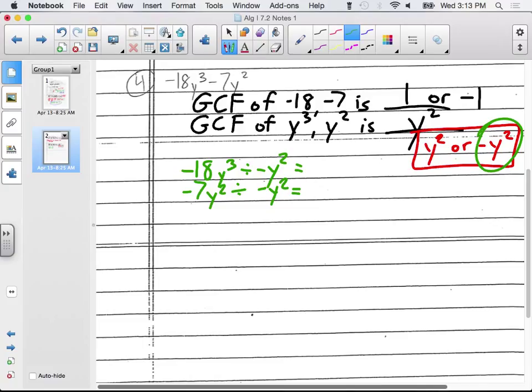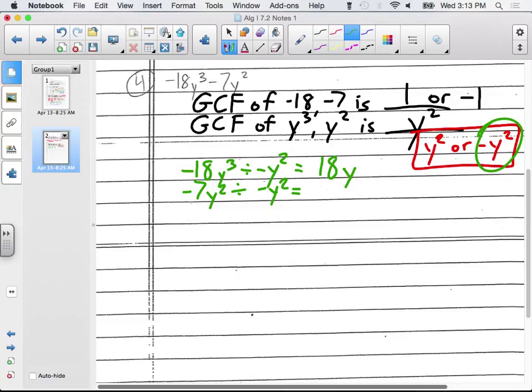All right, first part, negative 18y cubed divided by negative y squared is what? Negative 18, just y? Or would it be to the fifth? Why would it be to the fifth? You can't just say stuff, you have to have a reason for it.